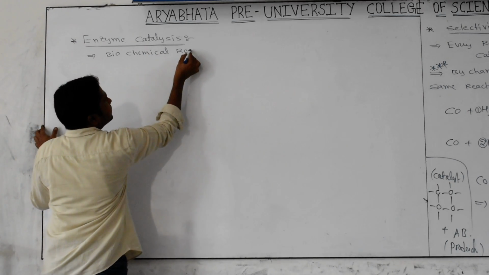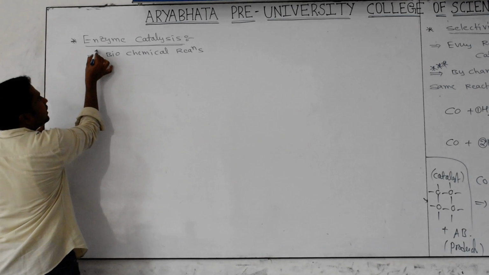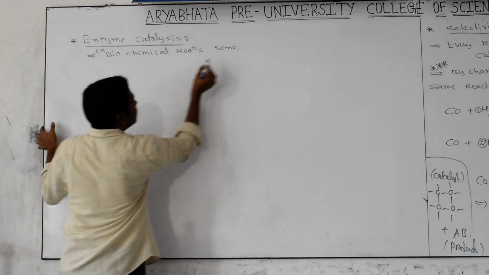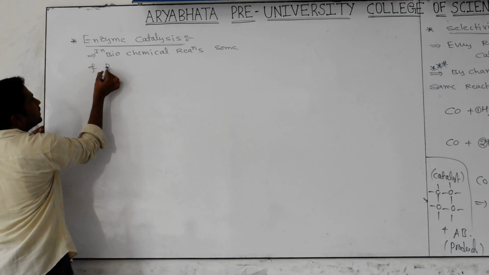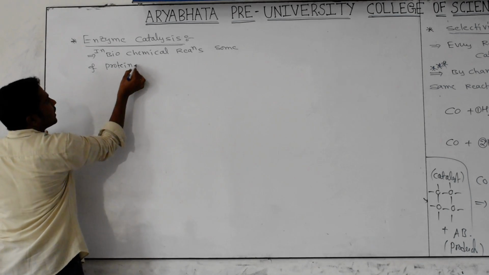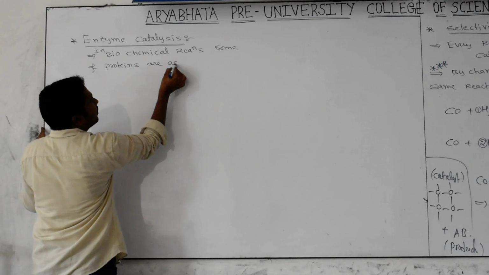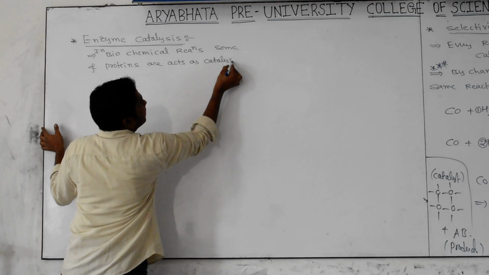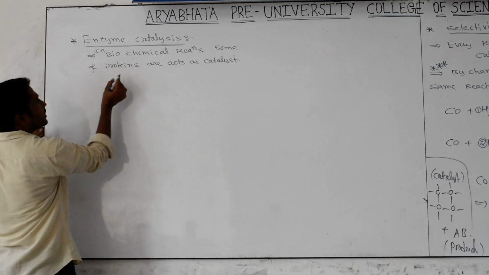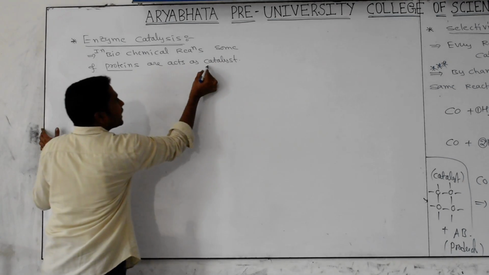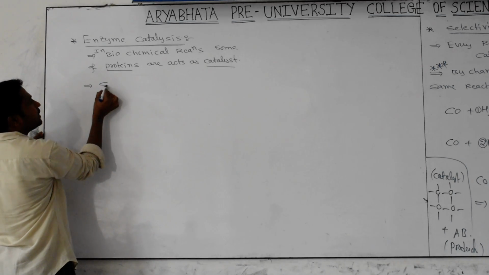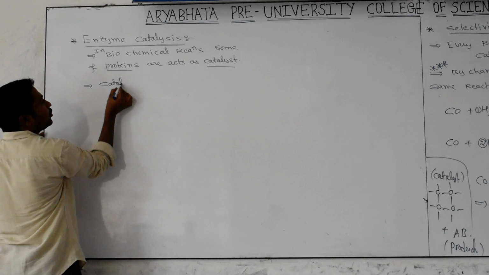In those biochemical reactions, what happens? Some of the proteins act as catalysts. Are you getting it or not? Such proteins which act as catalysts are specially called enzymes, nothing but catalytic proteins.